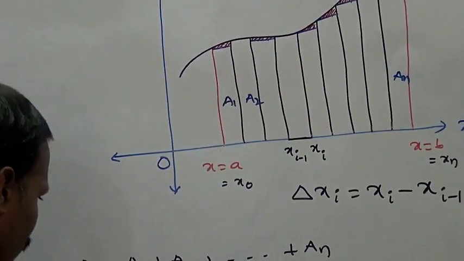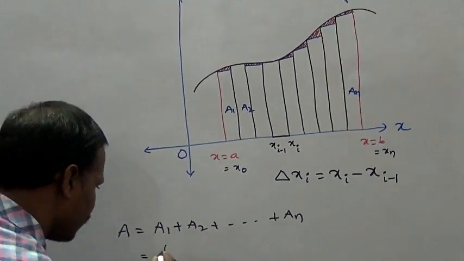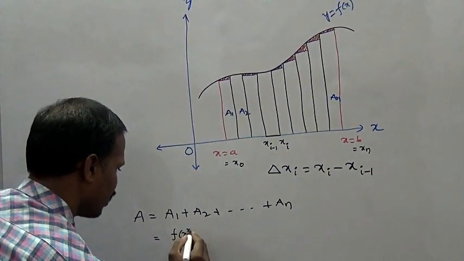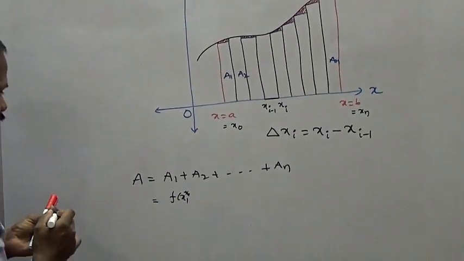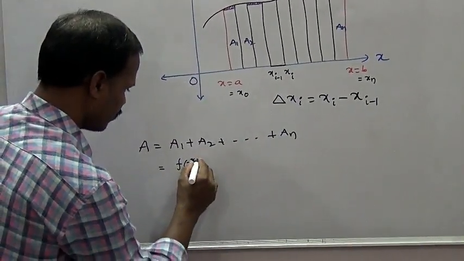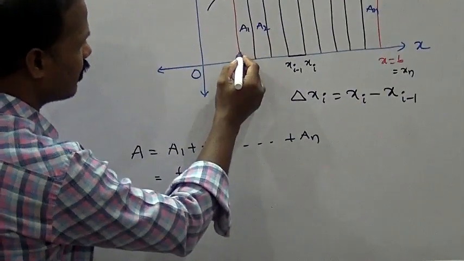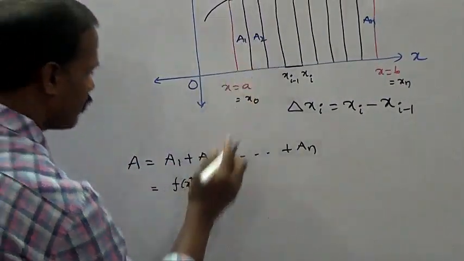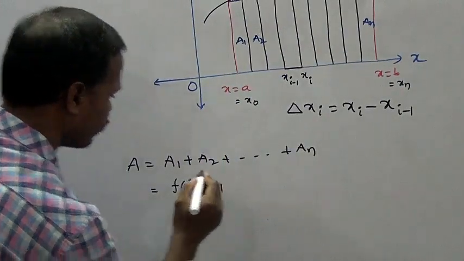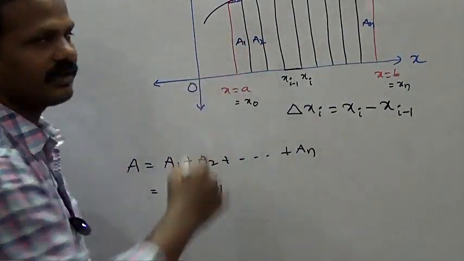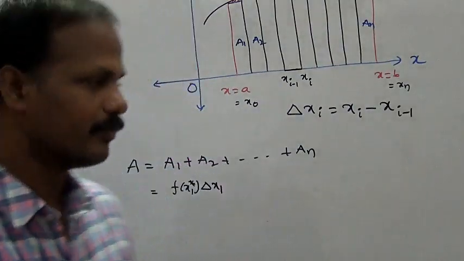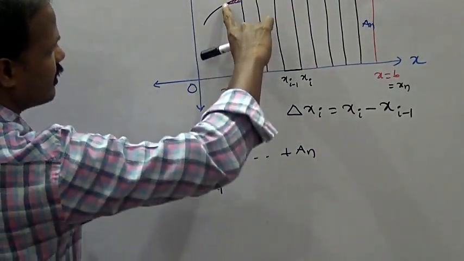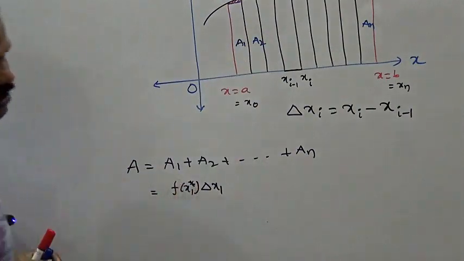So this is equal to, what is this? f of x1 star. Why I am using star: it means this one you can take anywhere, here, anywhere. Okay na? Into delta x1. Area of the rectangle is length into breadth. So this is the breadth, delta x1, and this is the length, f of x1 star.